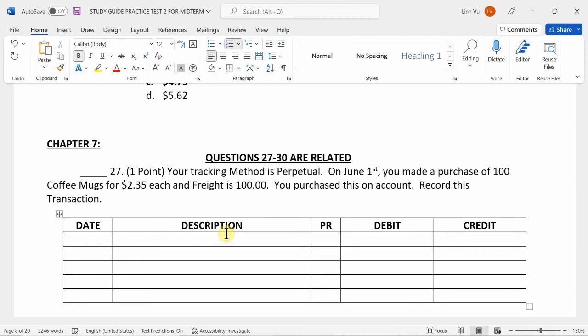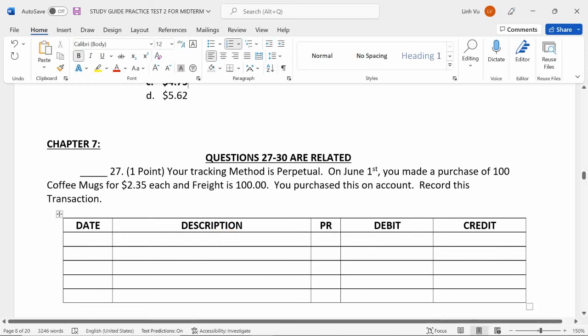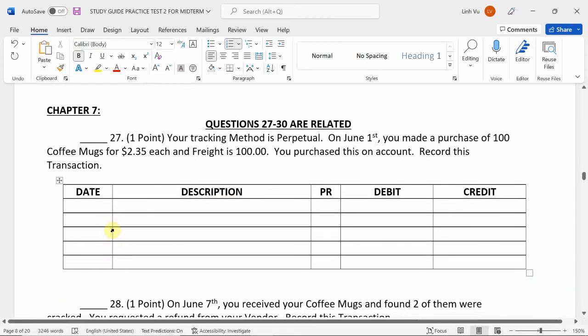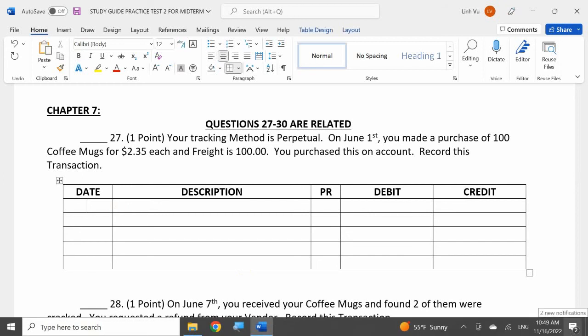If on June 1st you made a purchase of 100 coffee mugs for $2.35 each, and freight is $100, you purchase this on account. Record this transaction.